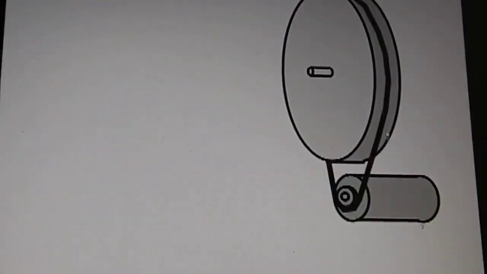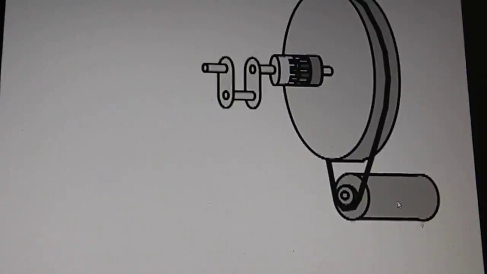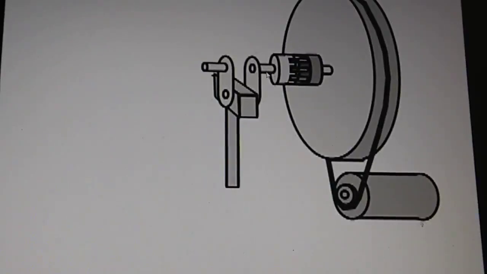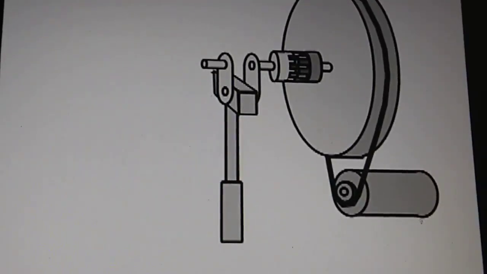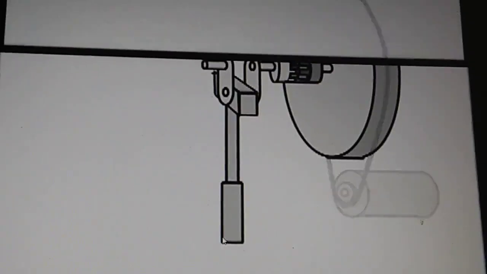This is the flywheel, in which the belt drive is connected, and it is connected to the electric motor here. This one is the electric motor, and this one is the mechanical clutch. Here it is connected to the crankshaft. Here is the crankshaft, it is connected to the connecting rod, and this is the plunger or ram.